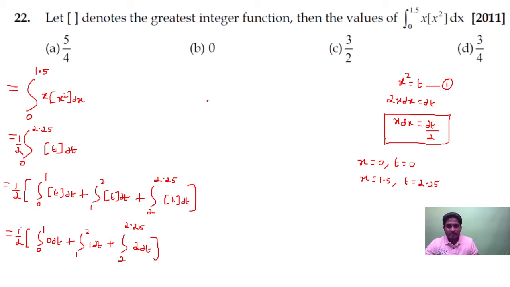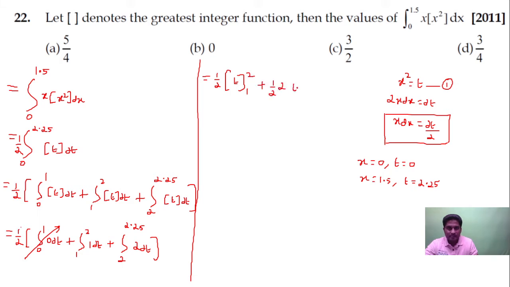Integration of 0 is 0, so let's exclude this. This is half into a bracket: integration of dt is t between the limits 1 to 2, plus 2, a constant I take out, integration of dt is t between the limits 2 to 2.25.